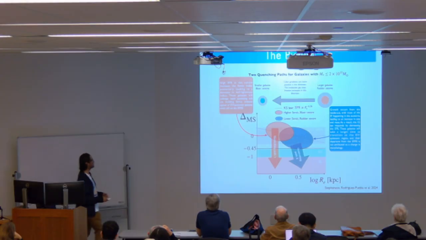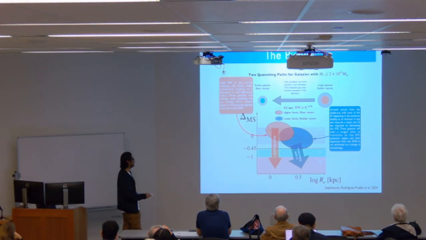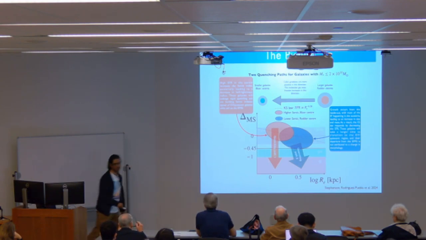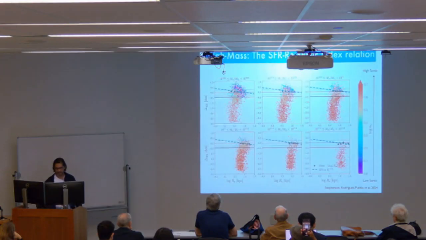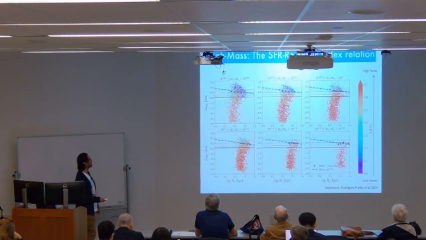Here's a picture of what I was describing. We believe that galaxies on the top of the main sequence are on a quenching path, a fast quenching path for future quenched galaxies. We have another quenching path, and it's still there. Now, what happens if we plot the high-mass galaxies?